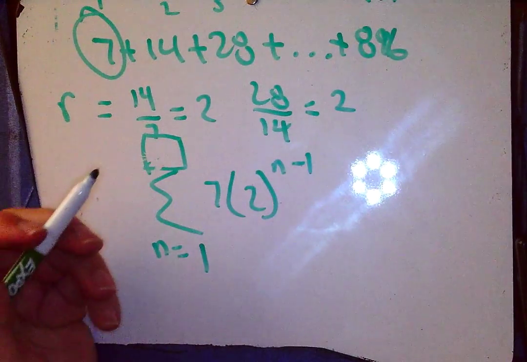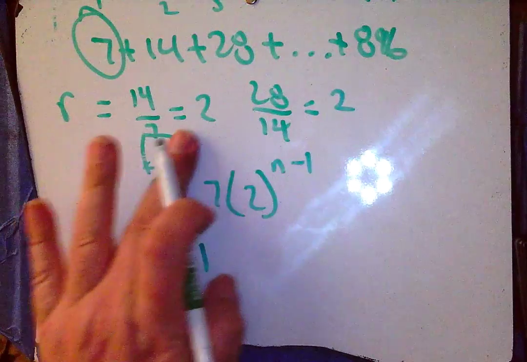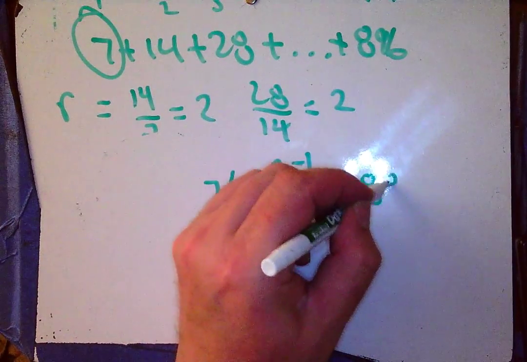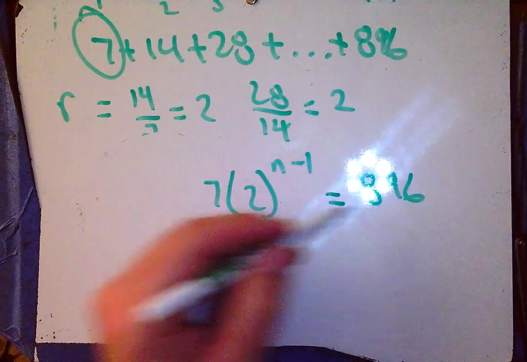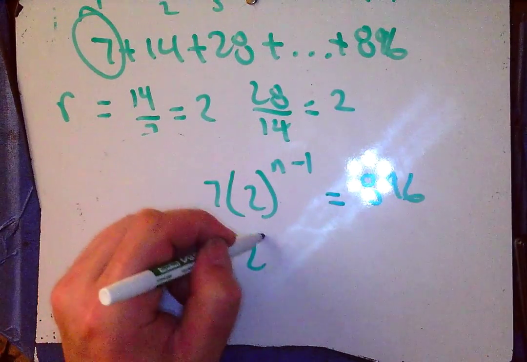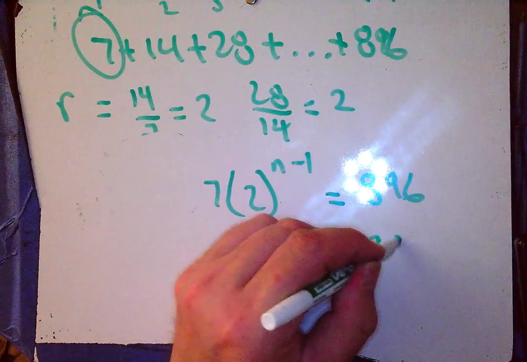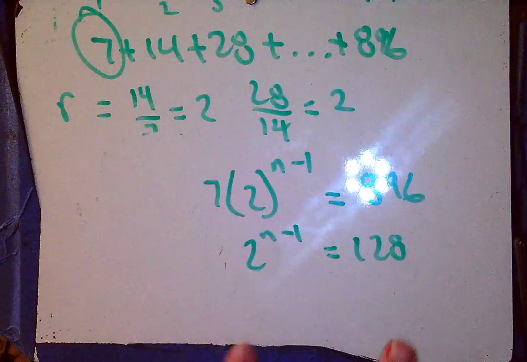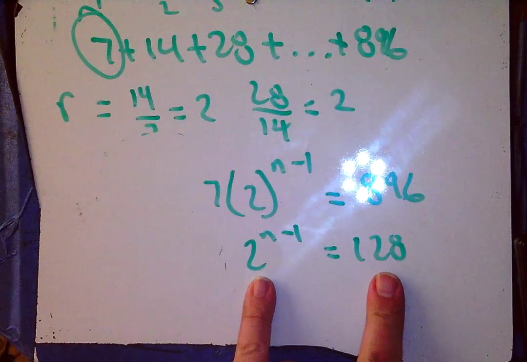And that's the number that has to go here. So what I'm going to have to do is take this rule that I built, and set it equal to 896. So we'll divide both sides by 7. 896 divided by 7 turns out to be 2 to the n minus 1 equals 128. And last semester in pre-cal, I said, look, you're trying to solve this exponential equation.